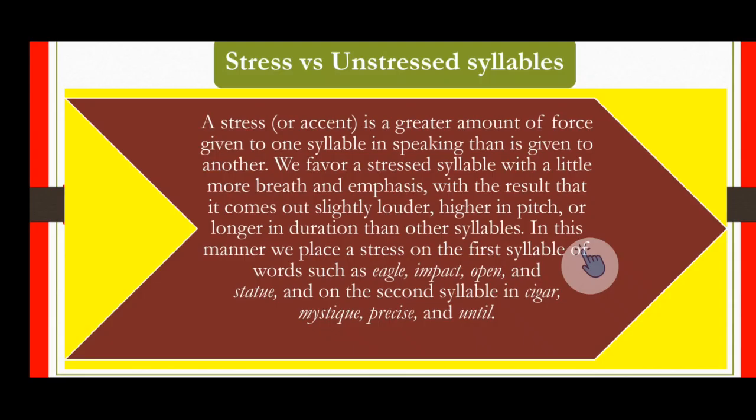Before we discuss what a stressed and unstressed syllable is, we should know what a syllable is. A syllable is a unit of a word which must have a single vowel sound, no matter how many consonant sounds there are.